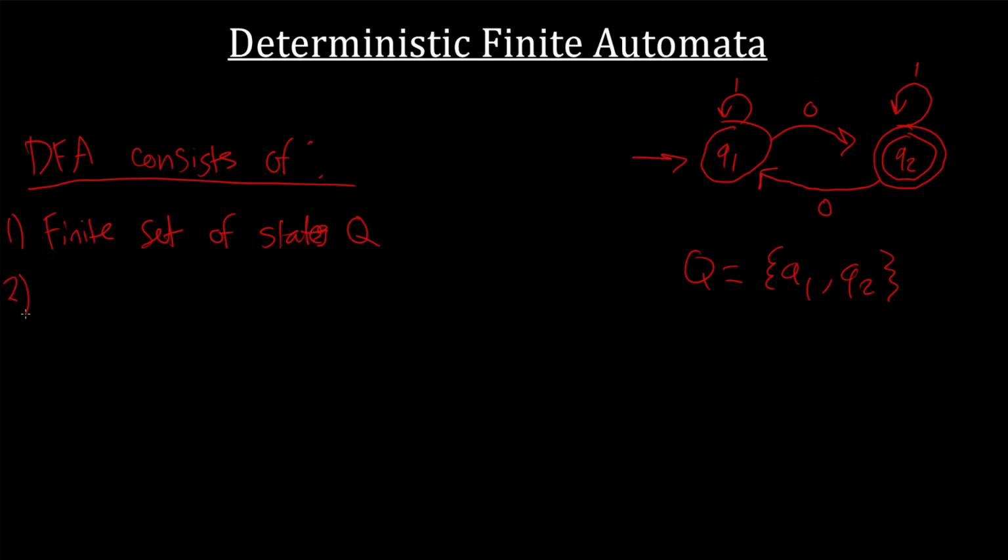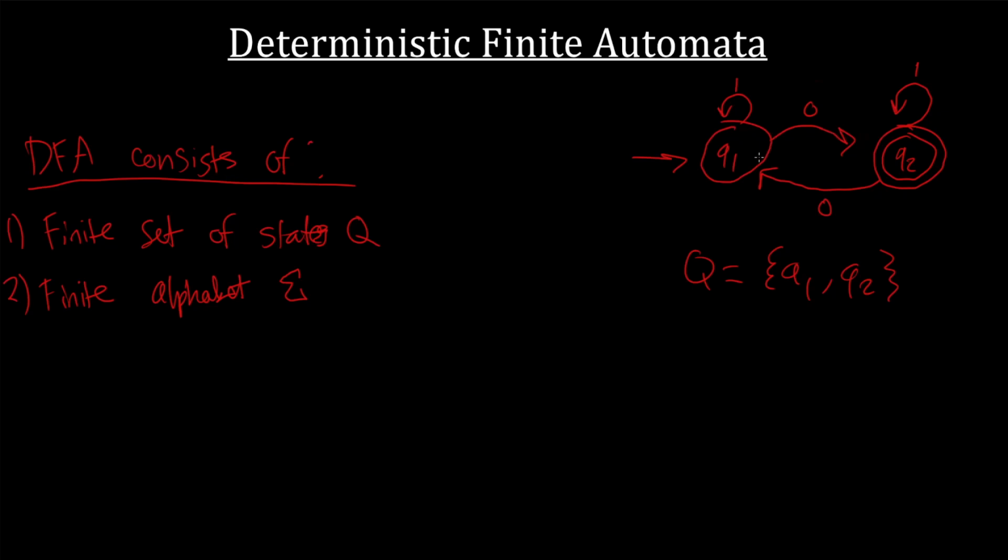So condition 2 is that we must have a finite alphabet sigma. Now, what is an alphabet? Well, the alphabet is all of the potential characters that our DFA can process. So if we look to our DFA here, the alphabet must be the set containing the characters 0 and 1, because our string can't read off any other characters other than 0 or 1.